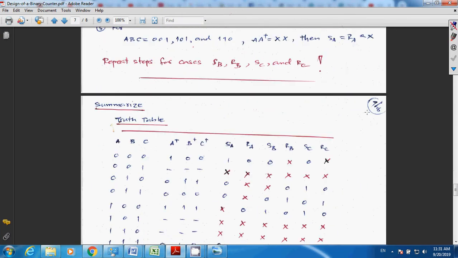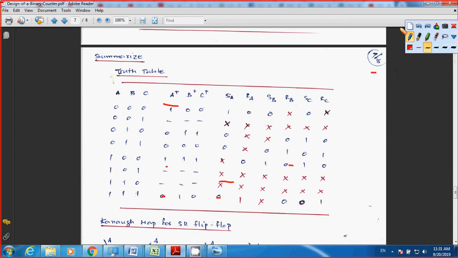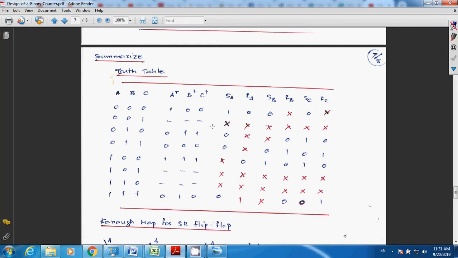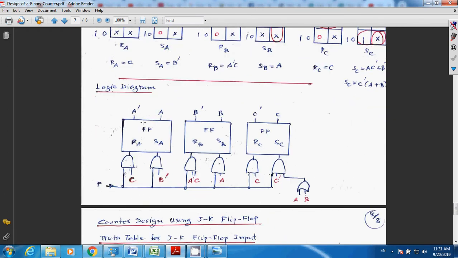Now let's summarize the truth table. You can work this out by yourself. So that's the complete truth table for the 3-bit binary ABC and the next state, and also the inputs for the flip-flops of A, B, and C. Okay, you can work out the same thing for the Karnaugh map for SR flip-flop, and that's the complete logic diagram for the binary counter, referring to the state graph.